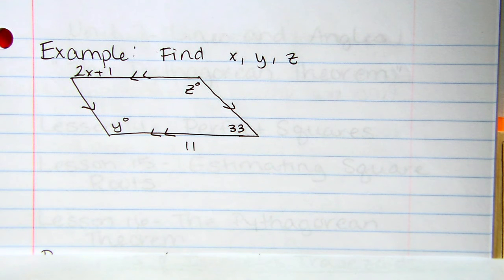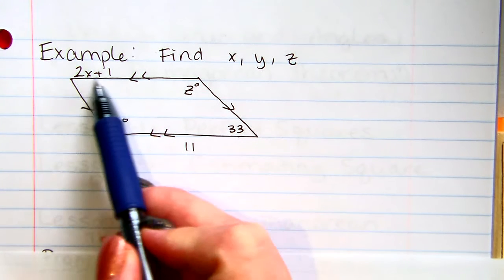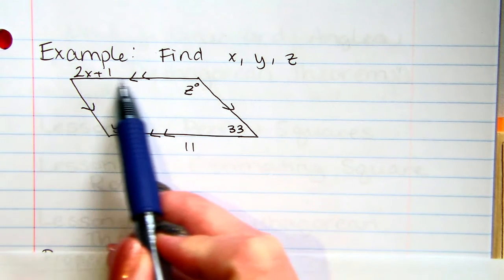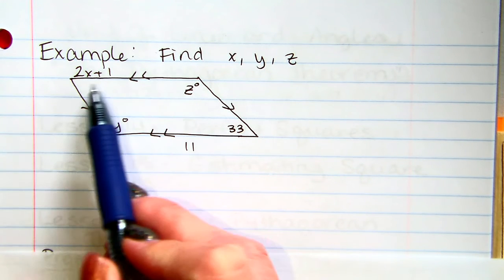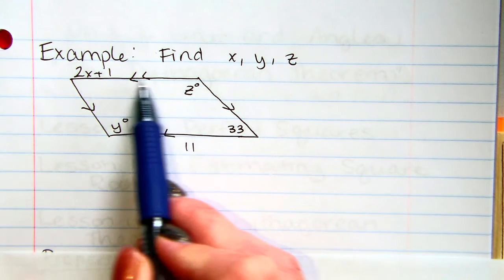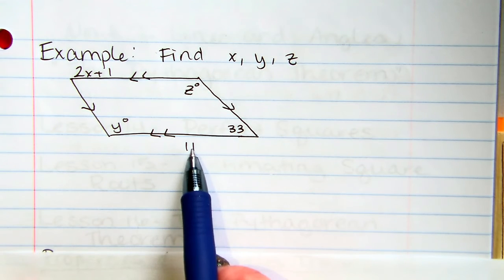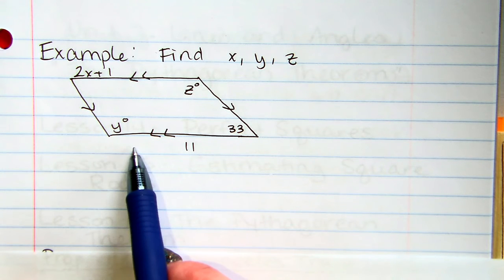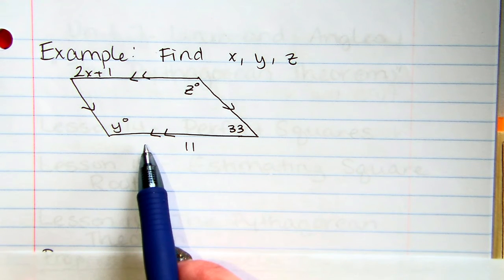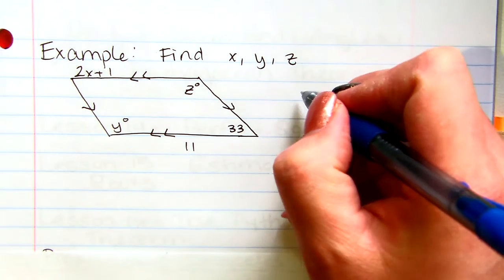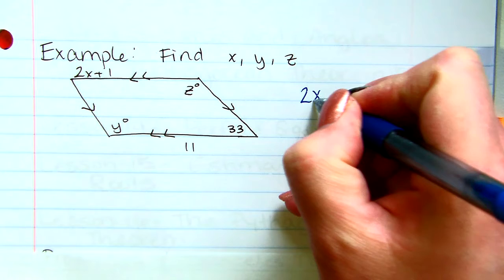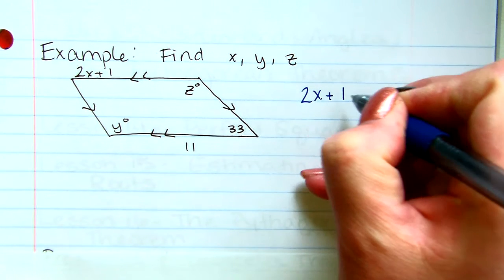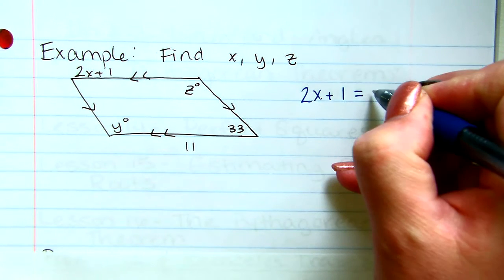Now x is this upper length segment here, and since this segment here is congruent, meaning equal, to the 11 on the bottom, I'm going to set them equal to each other. So to find x, I'm going to write 2x plus 1 equals 11.